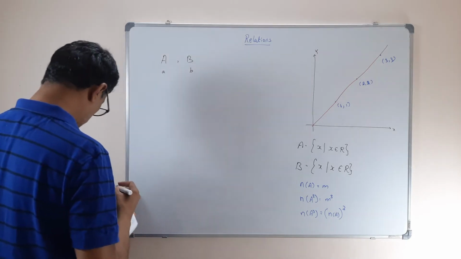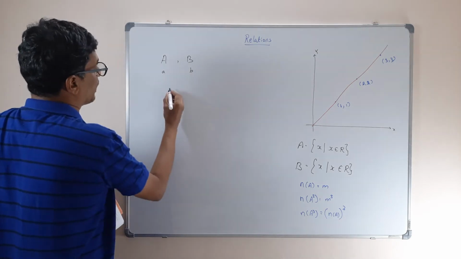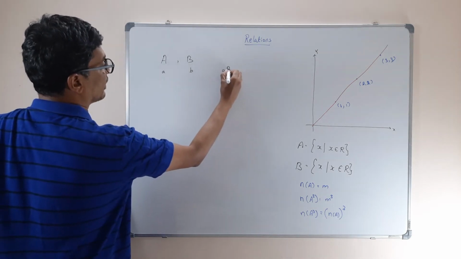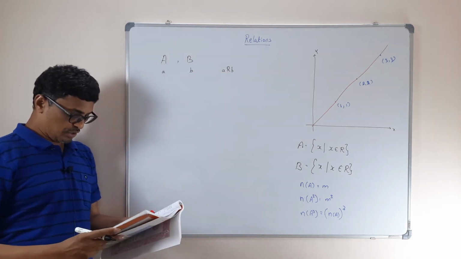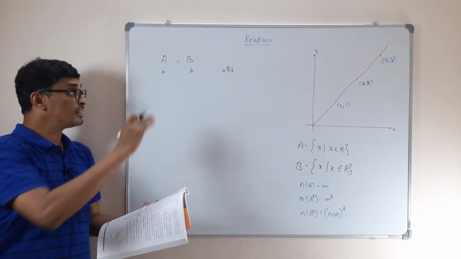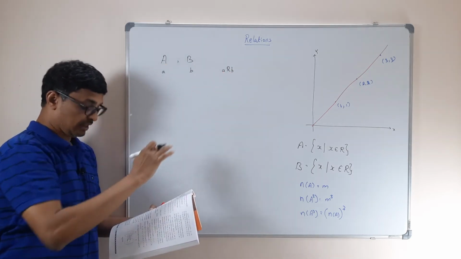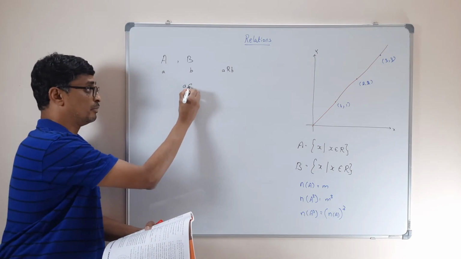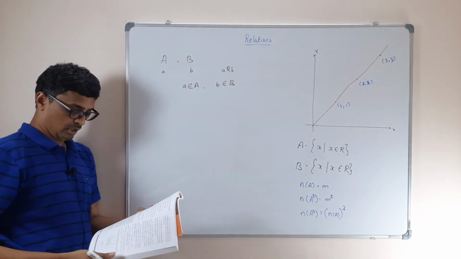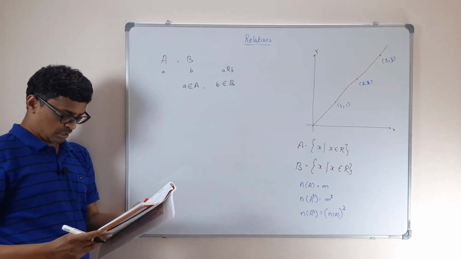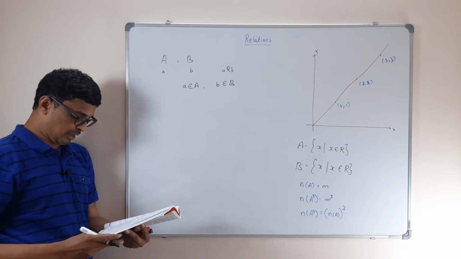If a and b are related, we write the symbol a R b, where R is for the relation. So a well-defined relation between the elements of A and B is given by a R b, that is, a is an element of A and b is an element of B. Clear? Thus, the relation gives the ordered pair (a, b).